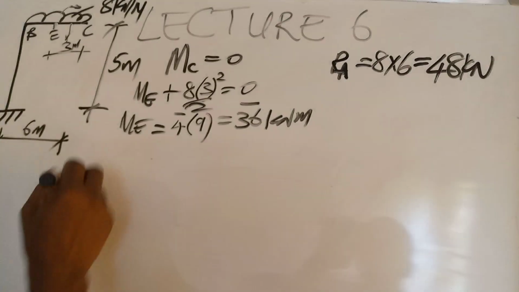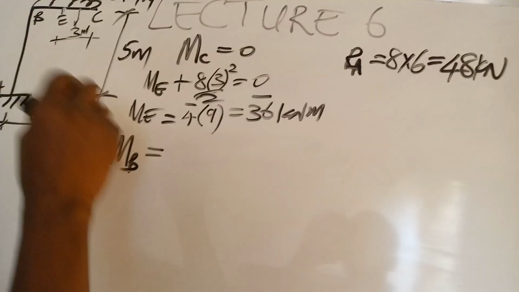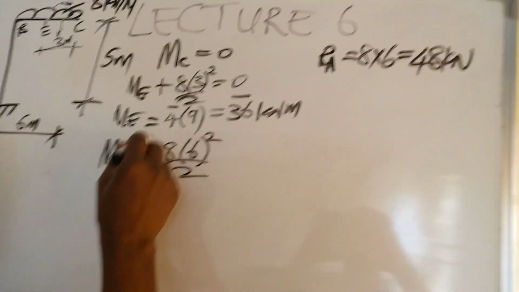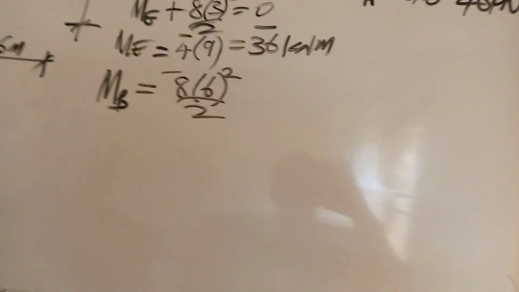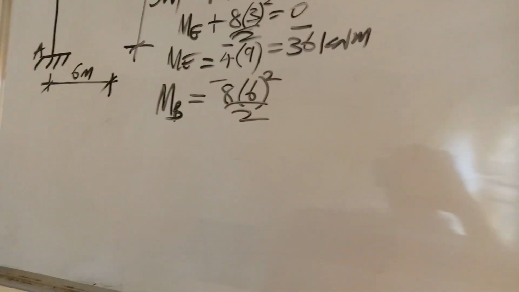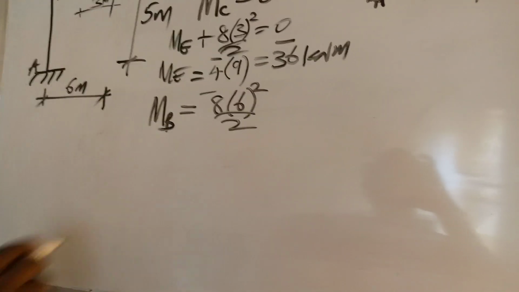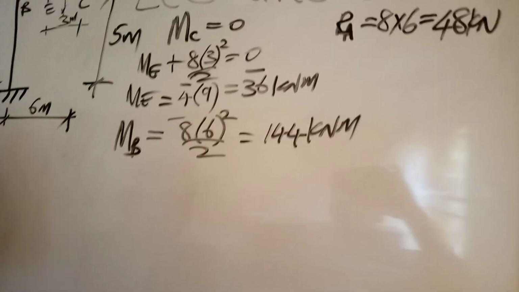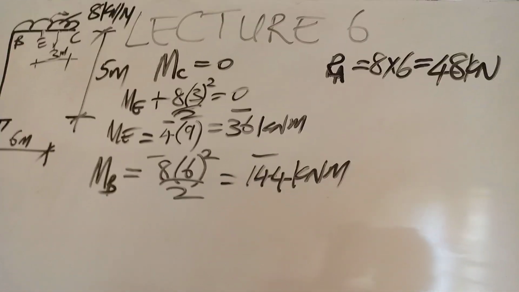I just say M at B is equal to 8 times 6 squared over 2, that's 36 times 4, which gives 144 kilonewton meter. Minus 144 kilonewton meter, that is the moment up to point B.